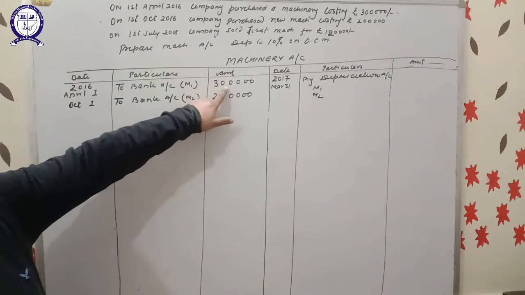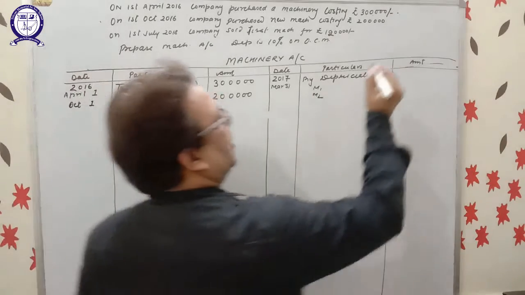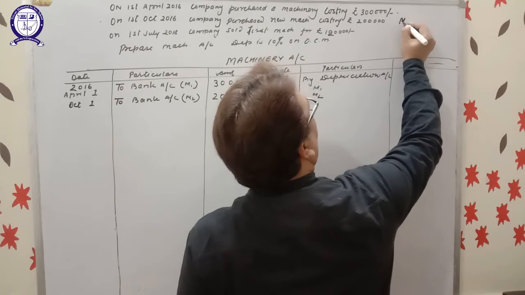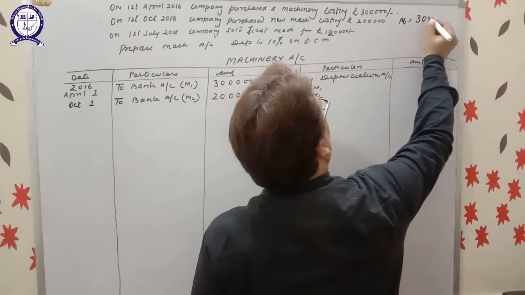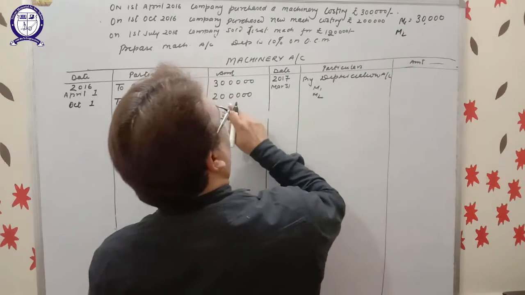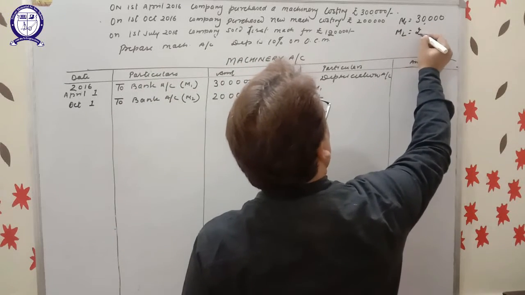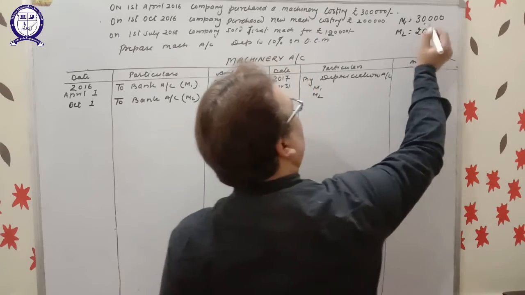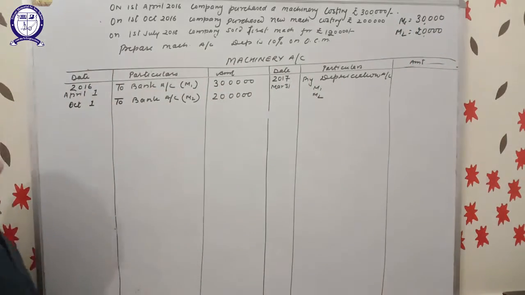Machine number 1, the original cost is 3 lakh. So the depreciation on machinery 1 will be 3 lakh into 10 by 100, 30,000. On machinery 2, the cost of the machine is 2 lakh, so the depreciation would be 20,000 for the full year.